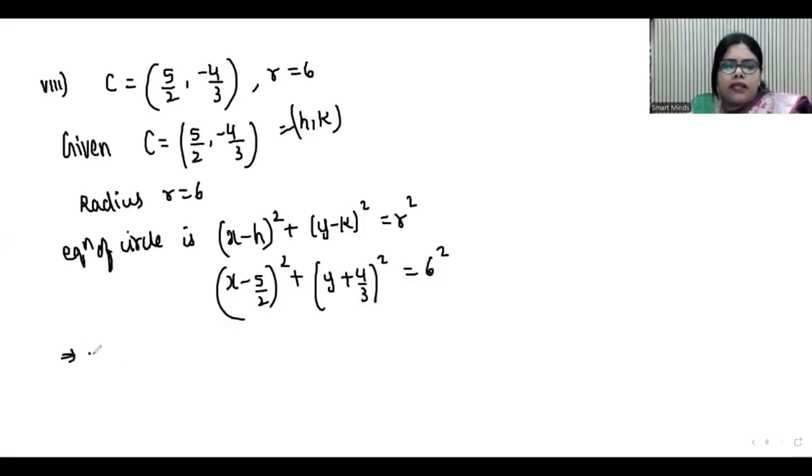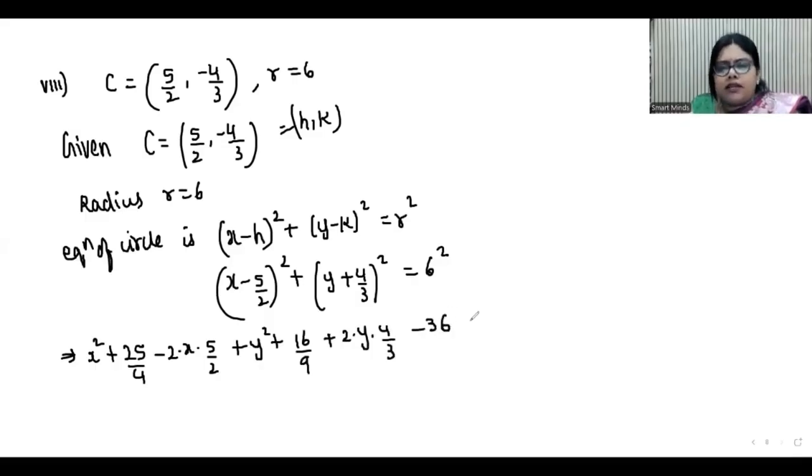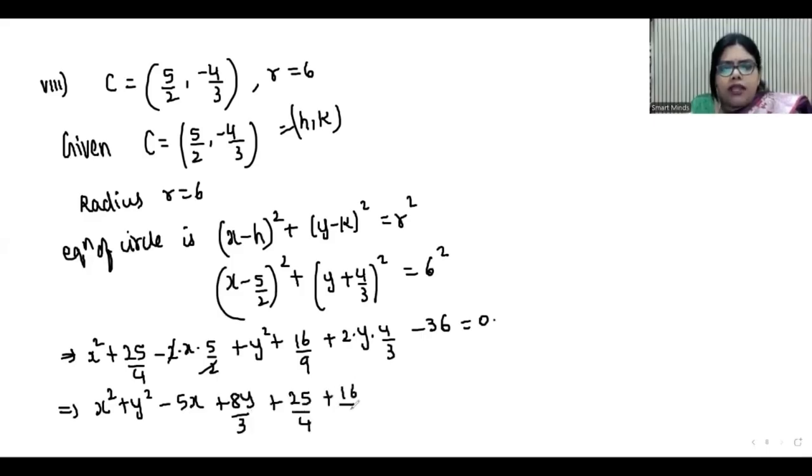Now expand the brackets. x square plus 25 by 4 minus 2 into x into 5 by 2 plus y square plus 16 by 9 plus 2 into y into 4 by 3 minus 36 is equal to 0. 2 to cancel here. Now x square plus y square minus 5x plus 8y by 3 plus 25 by 4 plus 16 by 9 minus 36 is 0.